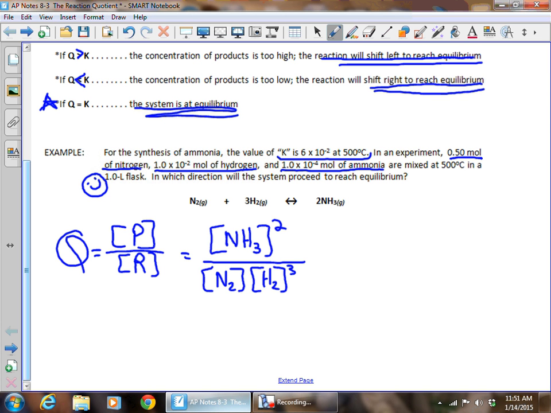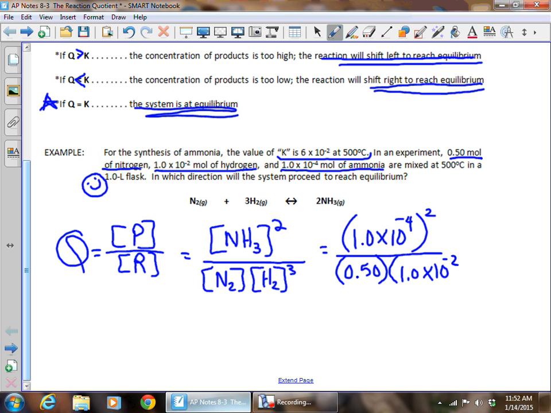So plugging those values in, we have 1.0 times 10 to the minus fourth, squared. I'm not including units because they're not involved in our Q or K values. 0.50 molar for our nitrogen, and 1.0 times 10 to the negative second for our hydrogen, and we're going to cube that value.